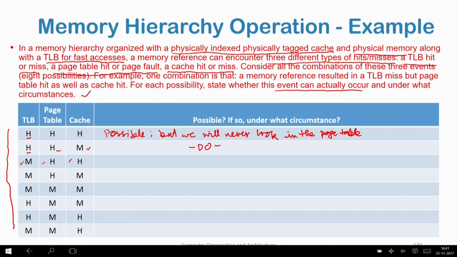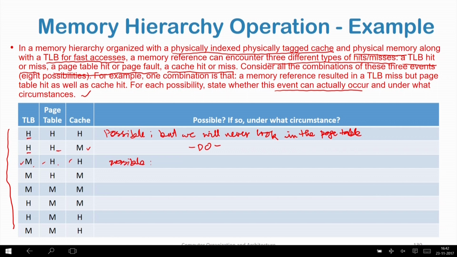Now, when I have a miss in the TLB, yes, that is possible. Then I will go into the lower level of the hierarchy, the page table, and find out whether the page table entry is there or not.